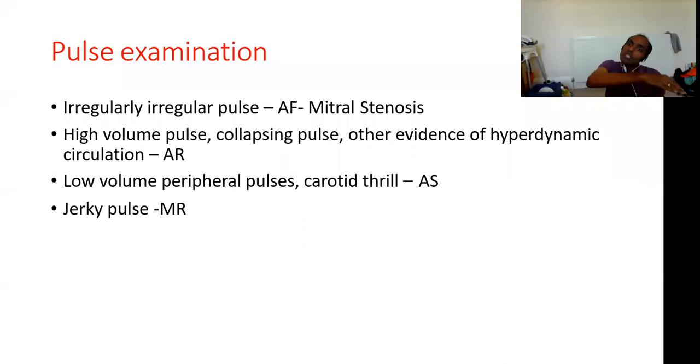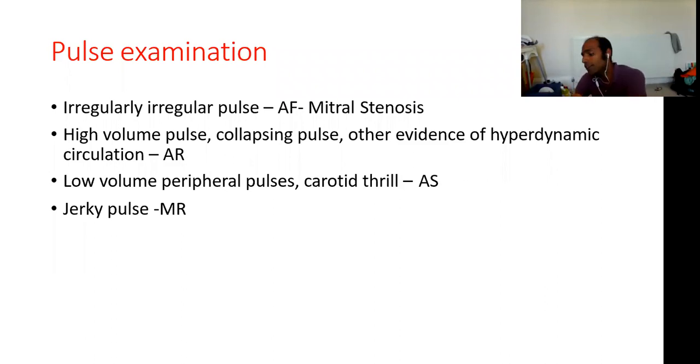So in other words, you get a very high pulse and then it collapses. Okay, it suddenly collapses. Why? Because all the blood that gushes into the aorta, in the next second or millisecond, it just goes back. So if I demonstrate this, it goes up and then whoosh down. So that's a collapsing pulse.